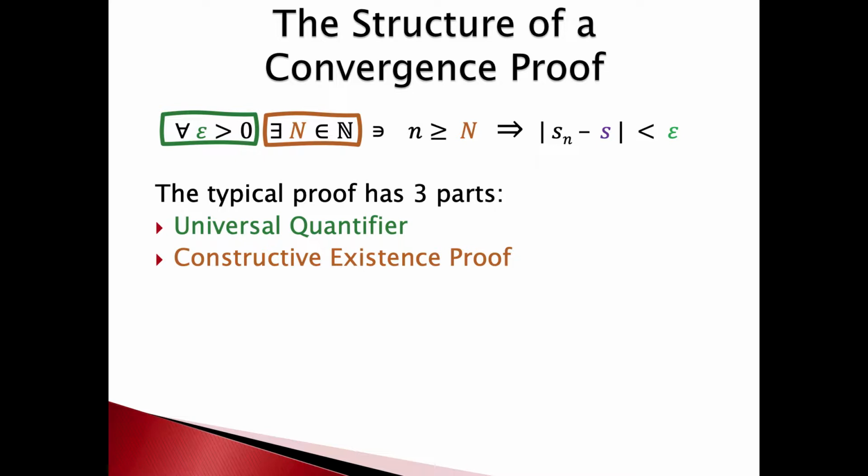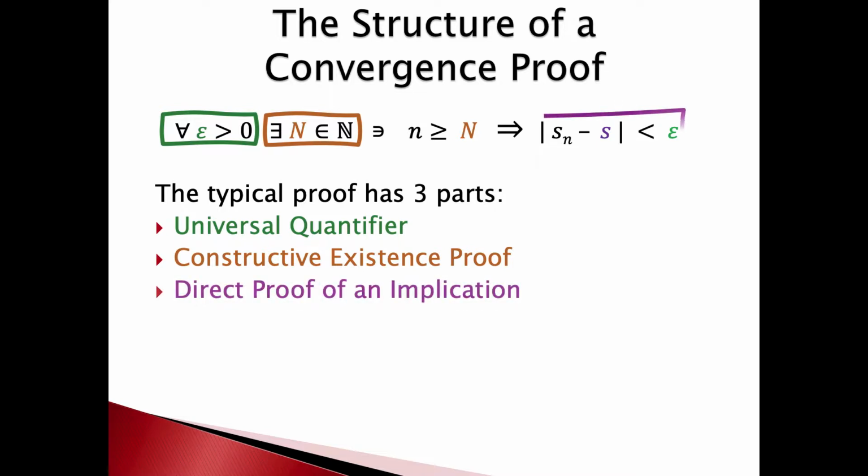If you remember when we talked about how to prove there exists something, you could do it constructively, which means you show that there exists an N by telling me what it is. There's another way too, where you could do a non-constructive proof by proving that one has to exist without telling me what it is. But for these kinds of proofs, it's much easier to just tell you. In fact, the vast majority of the work goes into figuring out what the capital N should be.